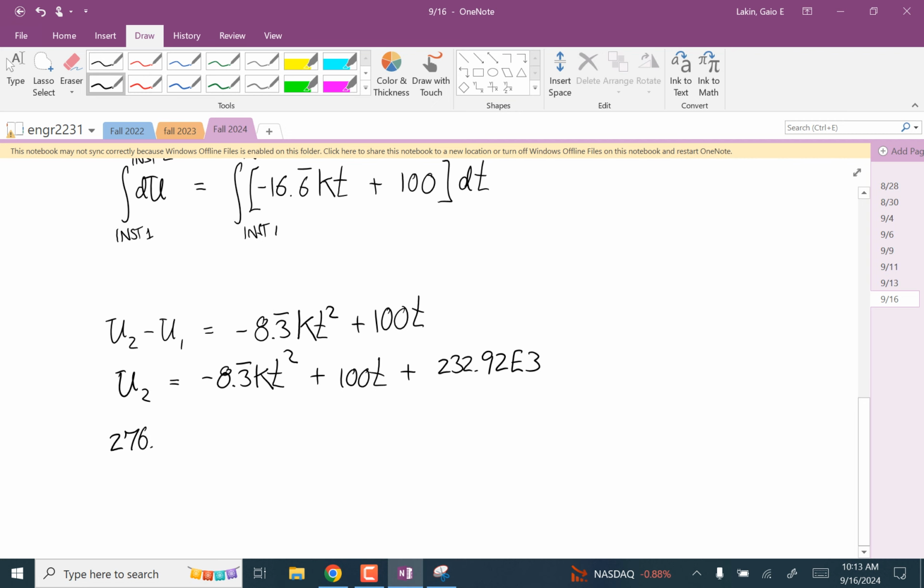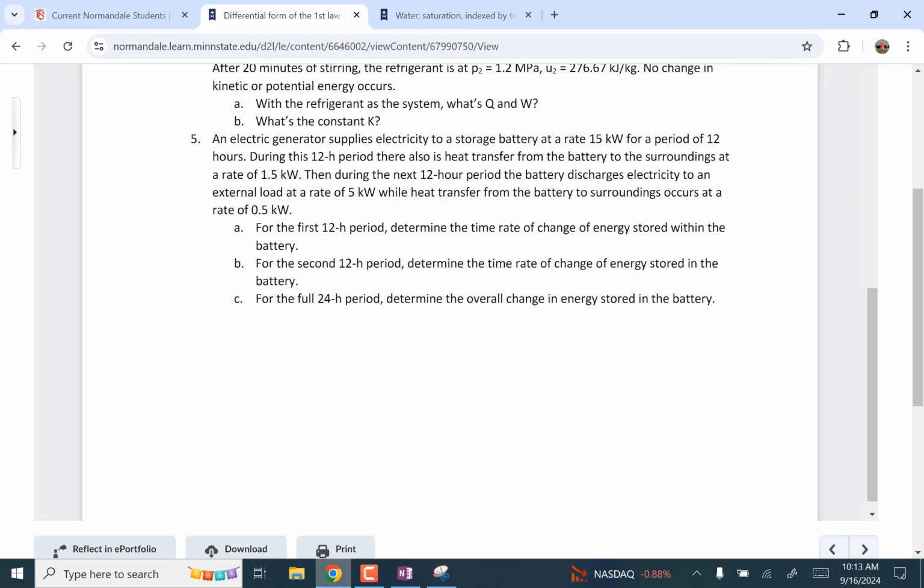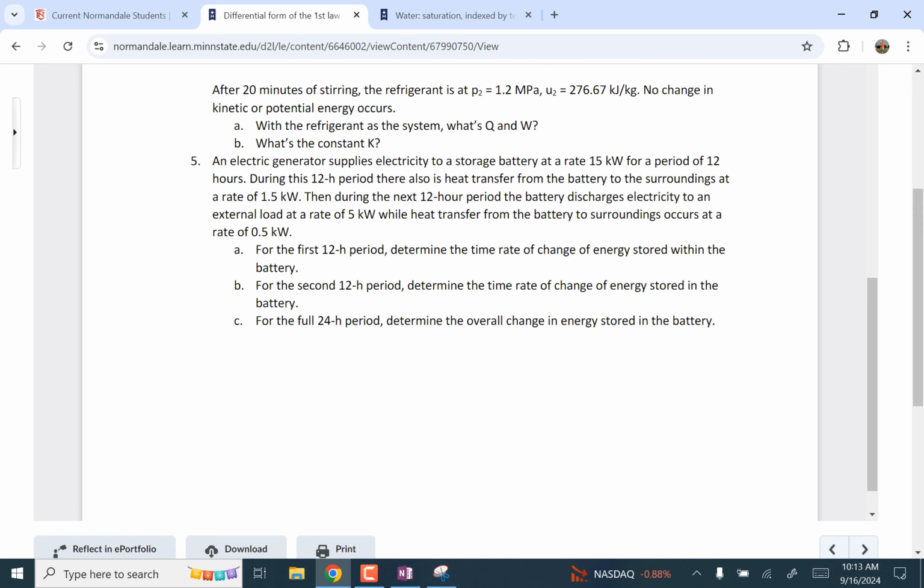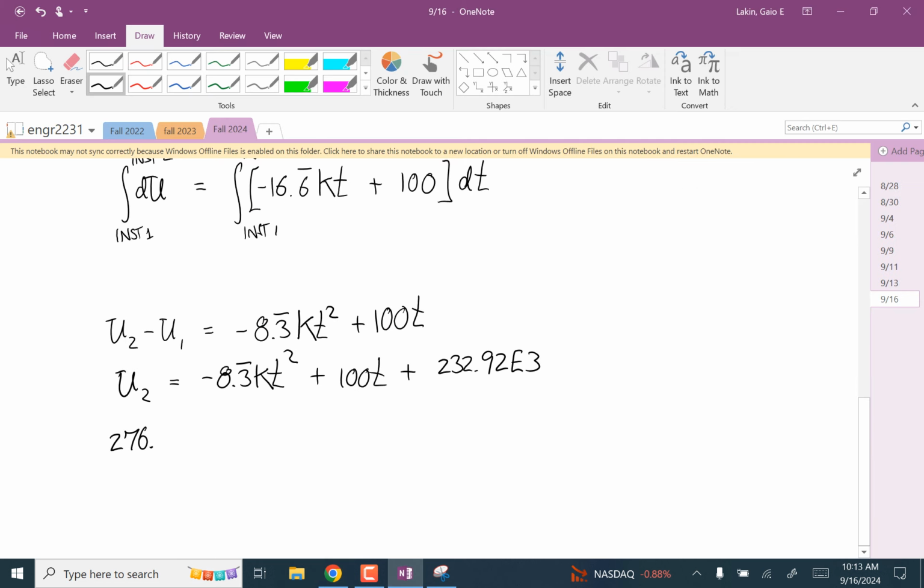So now 276.67 times 10 to the third is equal to all this stuff where T is equal to 20 minutes worth of seconds. We've changed everything to seconds. So that's 20 times 60, so 1200.